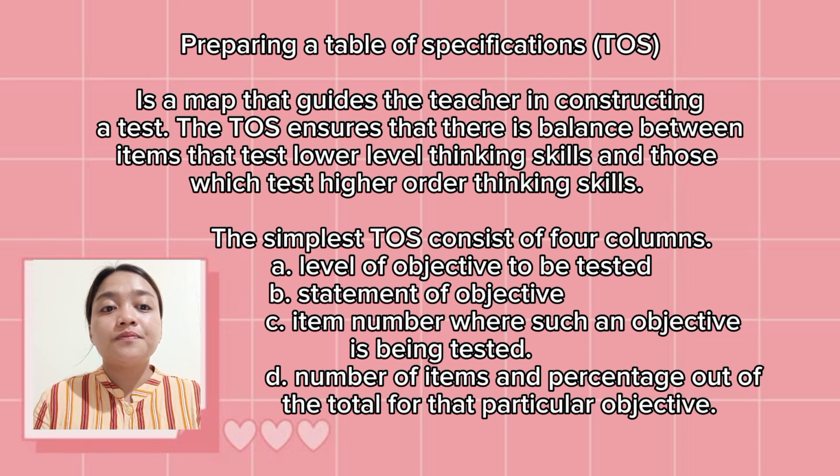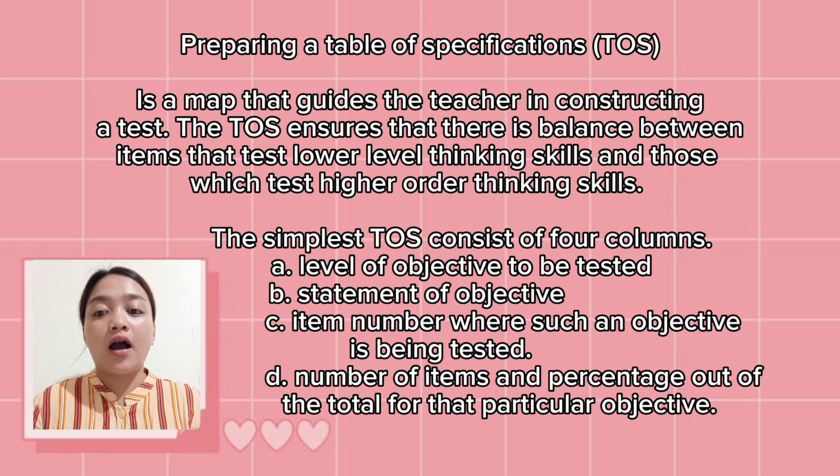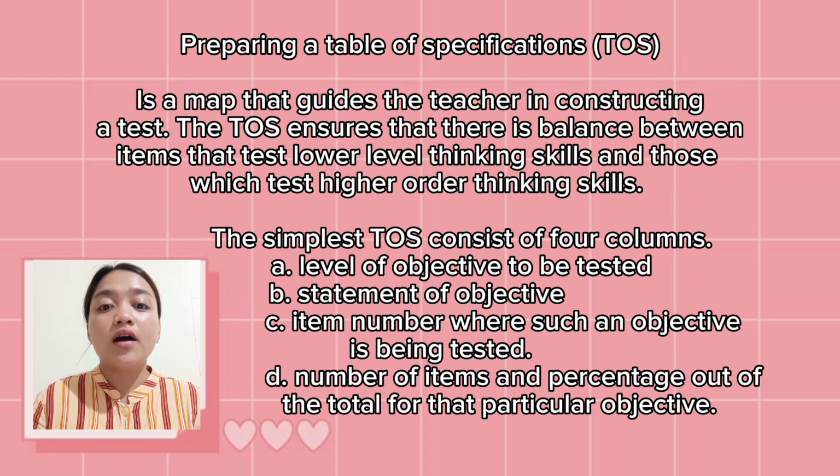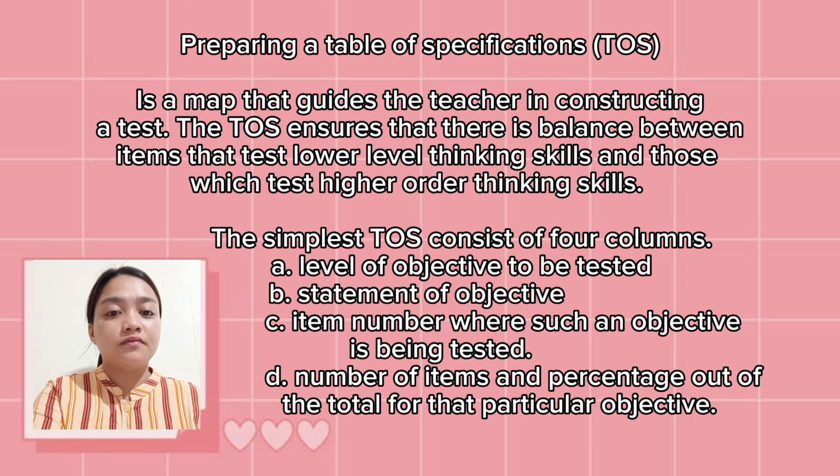So, item number 1 to 5, the question there is remembering. So, the question there is, what is, what are. Because we base it on Bloom's taxonomy. So, that is the guide.